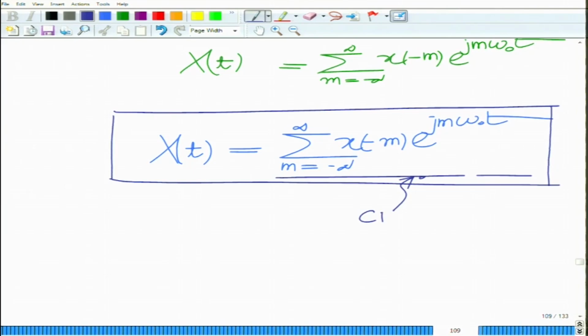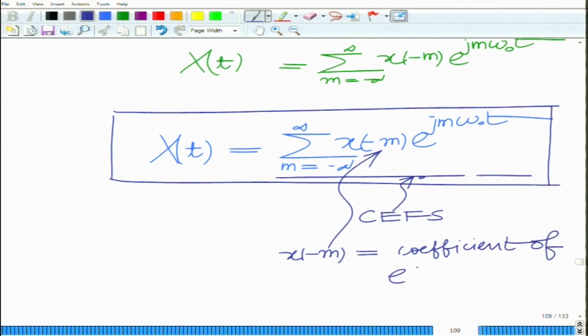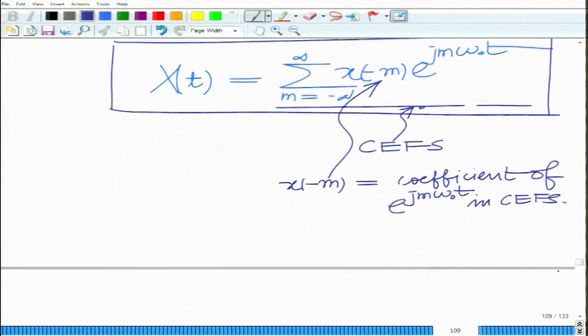So, this is the complex exponential Fourier series, and x of minus m is the coefficient of e power j m omega naught t in the complex exponential Fourier series.